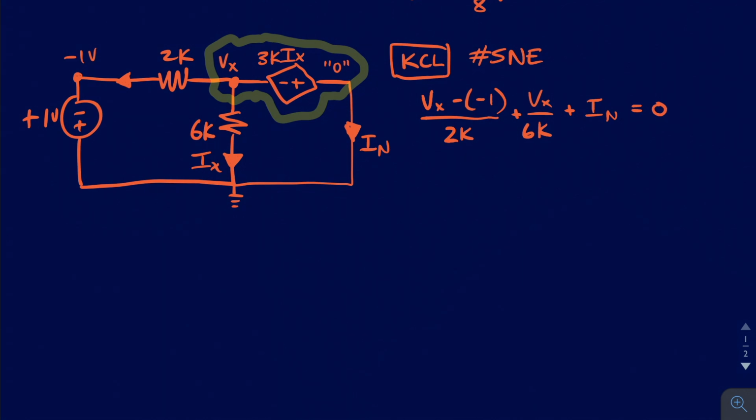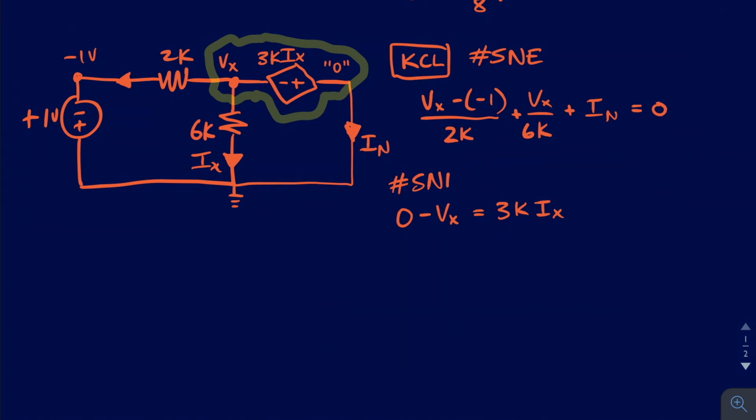So we're going to write a constraint equation as well, and you'll see some cool stuff pop out. So for the constraint equation, you could write 0 minus Vx is going to be equal to 3K times Ix. That's the constraint equation for the dependent source.